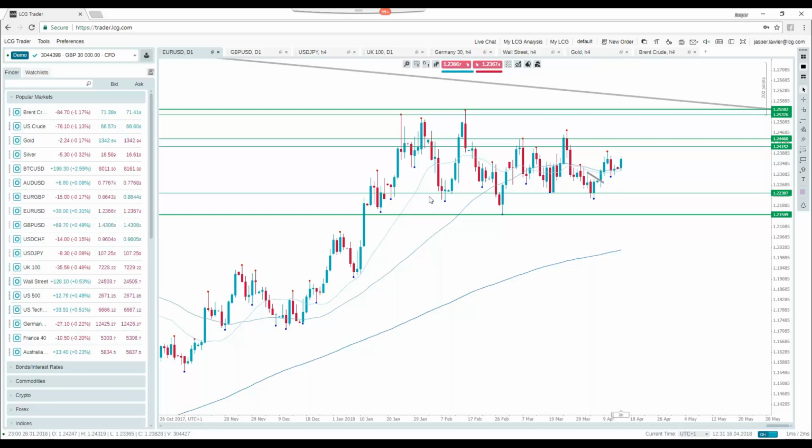So with all that in mind, this is the daily chart for the euro. You can see the backdrop to what we're dealing with at the moment is that we're in this wider trading range, with 2150 being the bottom of the range and 2550 being the top of the range.